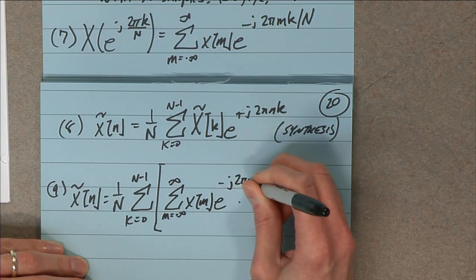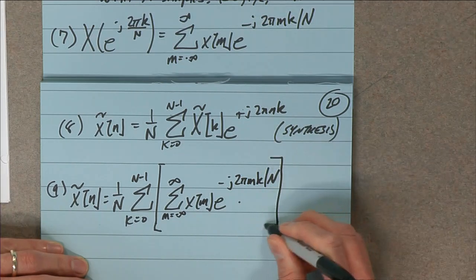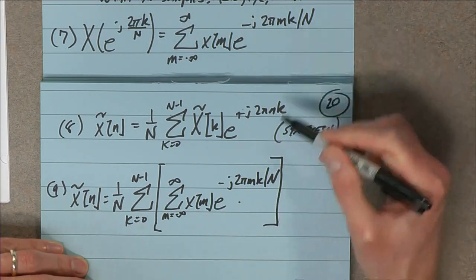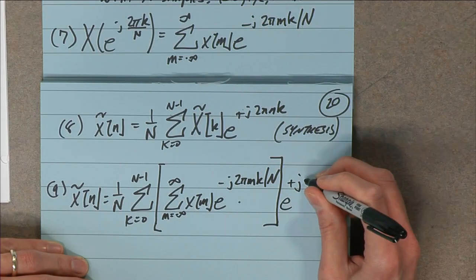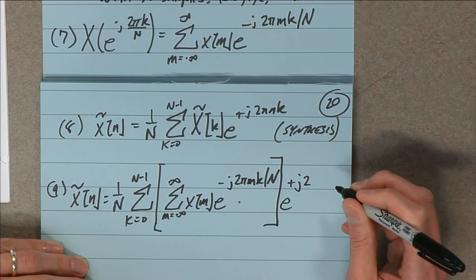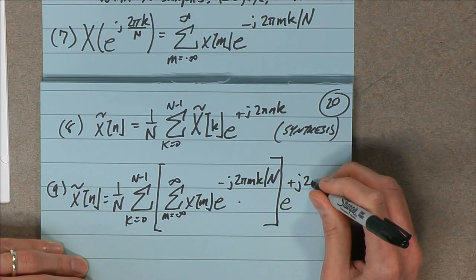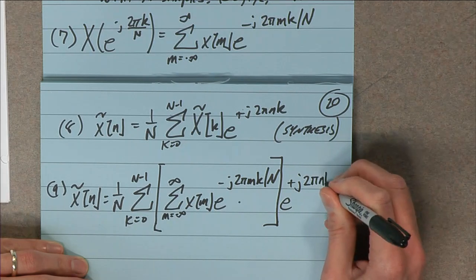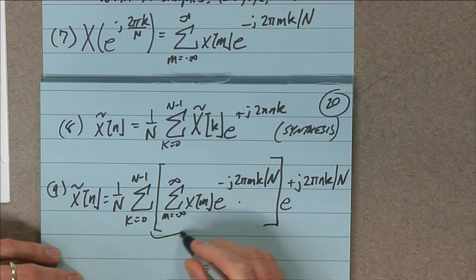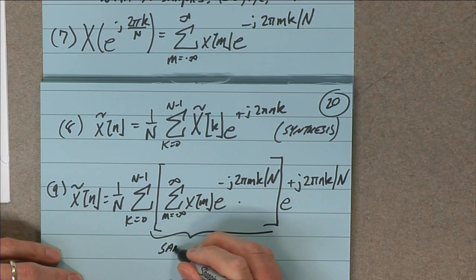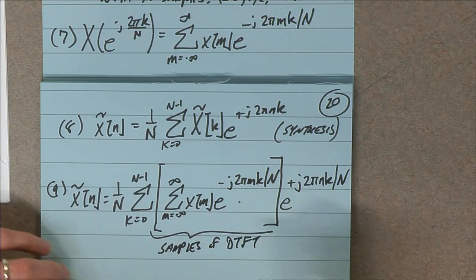And that was our 2 pi mk all over cap N. And then that whole thing is being put into our synthesis equation, so we've got another kernel of plus j, I think I want that to be 2 pi nk over cap N. And this was samples of DTFT.